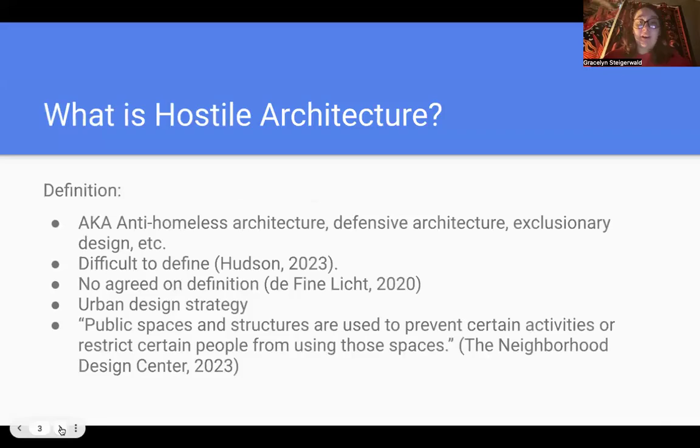Okay, now to define hostile architecture. There are many nicknames for hostile architecture, like anti-homeless architecture, defensive architecture, or exclusionary design, and there's many more. Typically, according to the Urbanist 101 and described in many other resources, hostile architecture can be hard to define as it appears in different ways throughout every city.